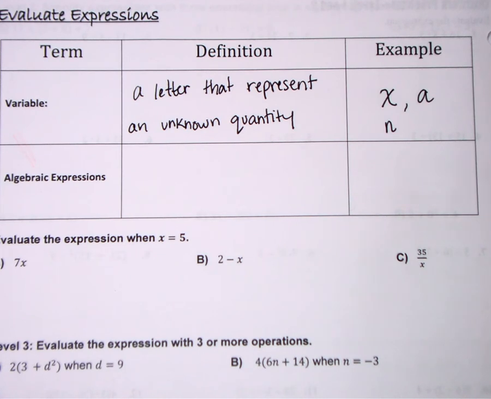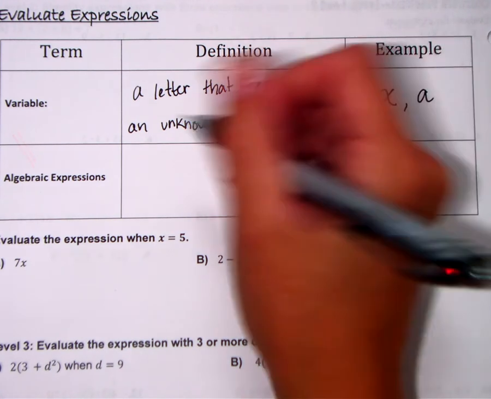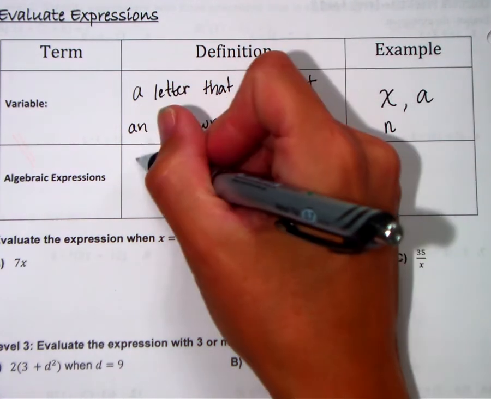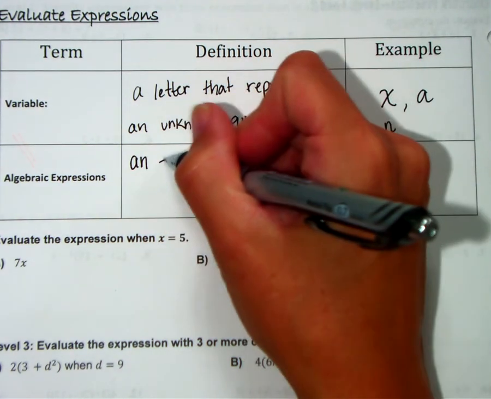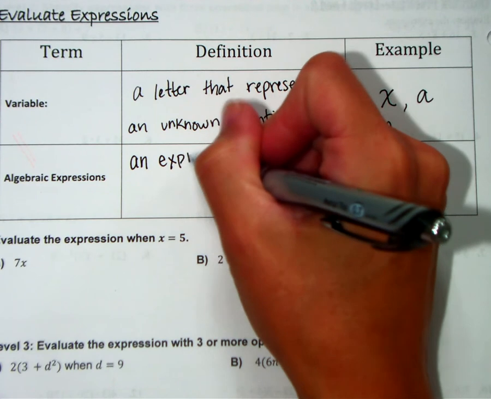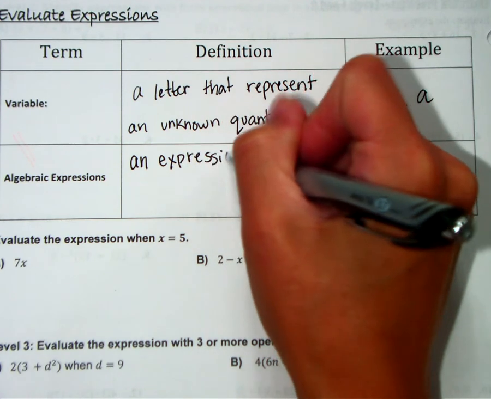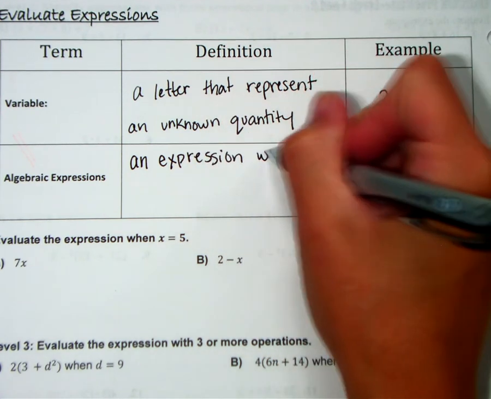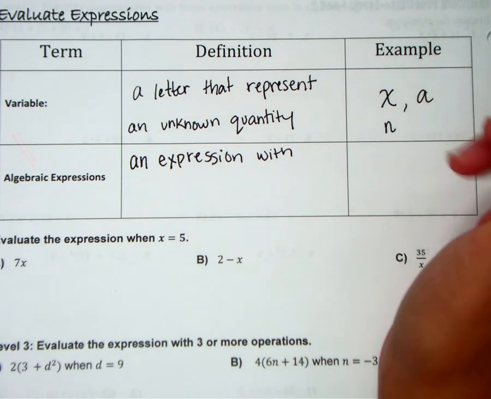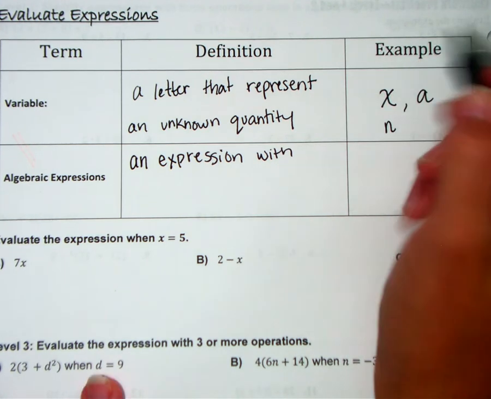So an algebraic expression is a mixture of numbers, variables, and operations. So it's an expression that can, but doesn't have to have numbers.